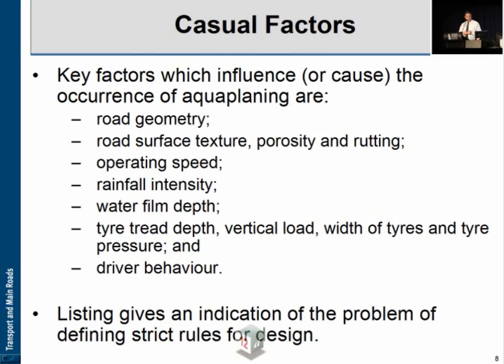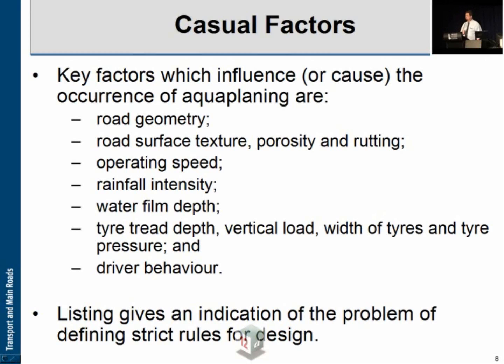Causal factors. It's always important to understand what causes aquaplaning. Road geometry. I know that's a bit funny, but we'll get to it. Road surface texture, porosity and rutting. Some pavements do have pores through them, open grade asphalt, etc. Operating speed is critical. Rainfall intensity, the water film depth that's built up. The tyre tread depth, the vertical load on the tyres.